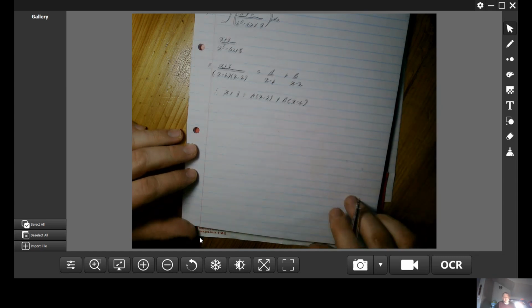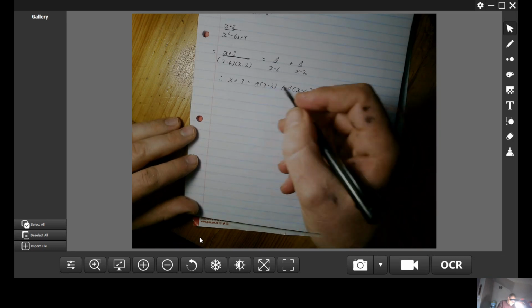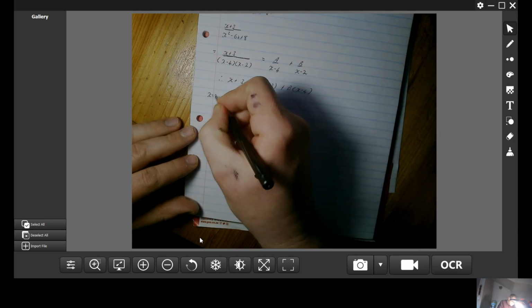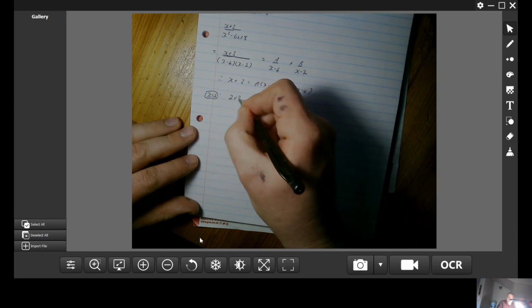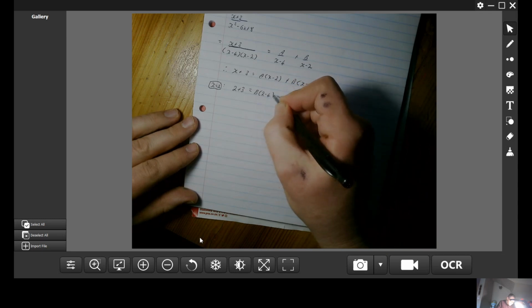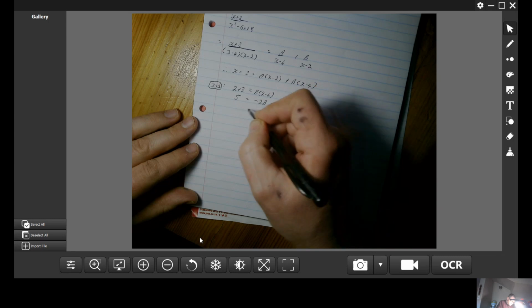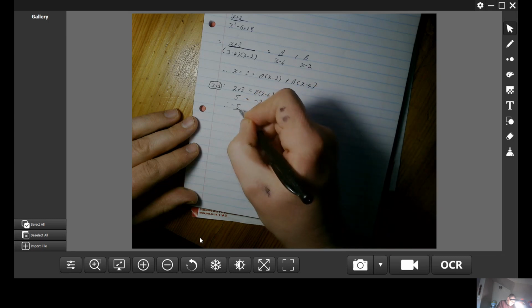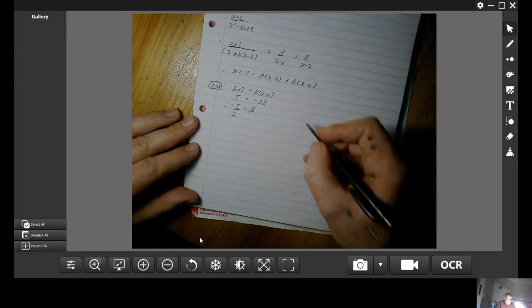The easiest way to solve this, if you remember, is to make the a's and b's disappear. You can make the a's disappear by letting x be equal to 2. Then 2 plus 3 is equal to b times 2 minus 4, so 5 is equal to negative 2b, so negative 5 over 2 is equal to b.